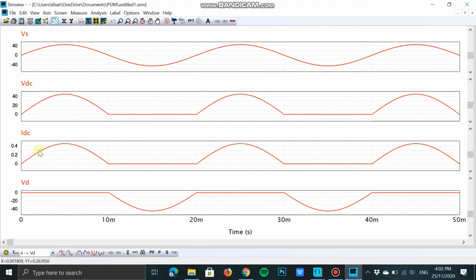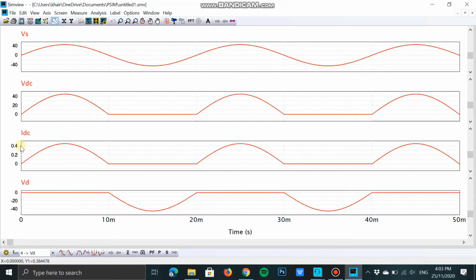For IDC, the graph is equal to the graph of VDC, but slightly different in the value of current. Based on Ohm's law, that is V equal to IR, the voltage is 45 and the R is equal to 100, so we get IDC equal to 0.45.